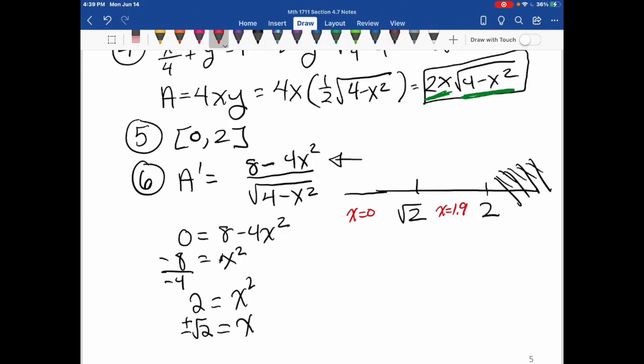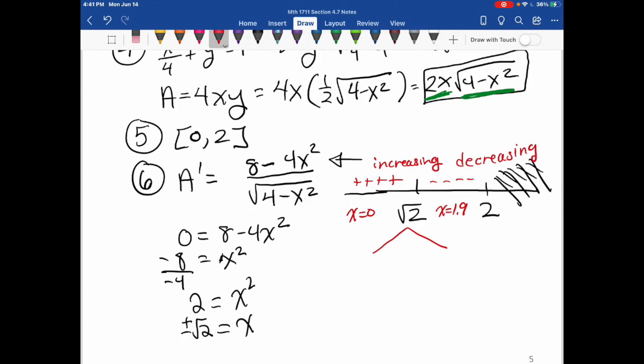If I plug x is 0 into my derivative, that's going to give me a positive value, which means on the interval up to the square root of 2, I'm going to be increasing. When I plug 1.9 into the derivative, I get a negative value, which means on that interval it's going to be decreasing.